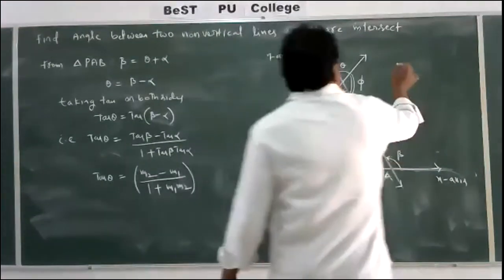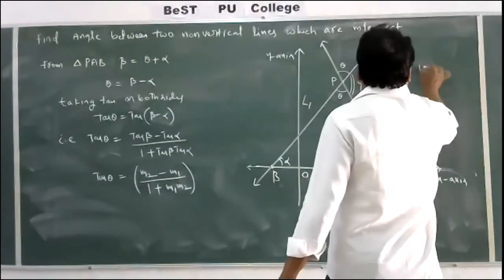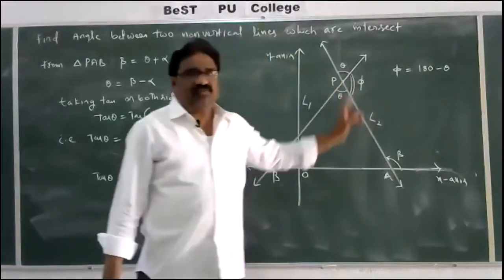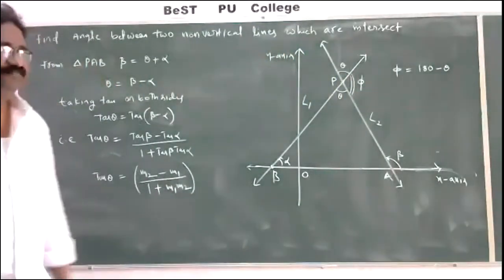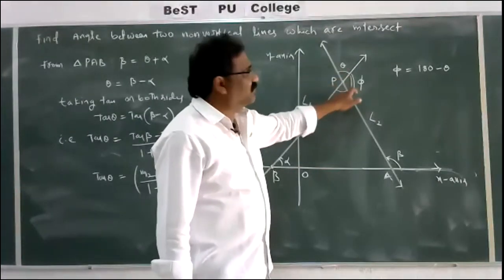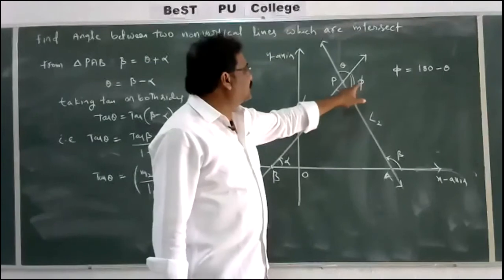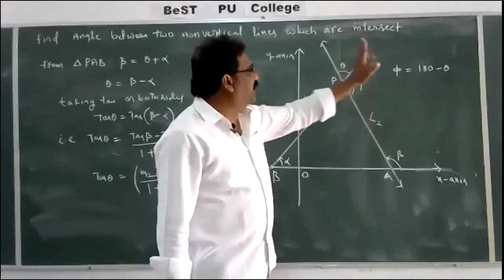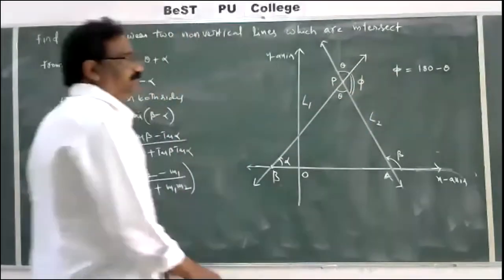So phi is equal to 180 minus theta. The total angle on a straight line is 180 degrees, that's why theta plus phi is equal to 180 degrees.